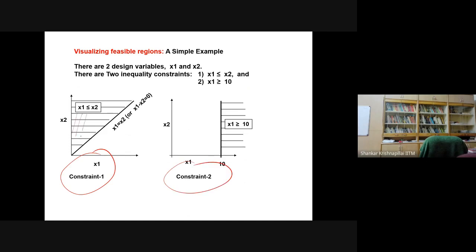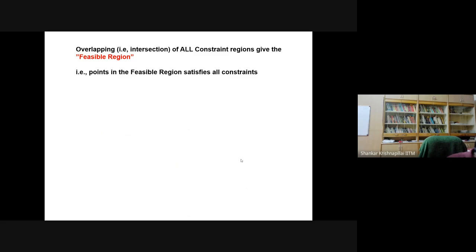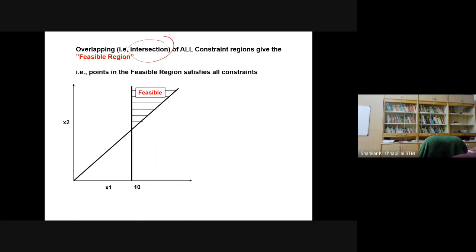So this is the feasible region or allowable region for constraint 1. This is the allowable region for constraint 2. So both have to be simultaneously satisfied, so you have to find the intersection of both constraints. Let us plot the intersection of both constraints. It will be like this.